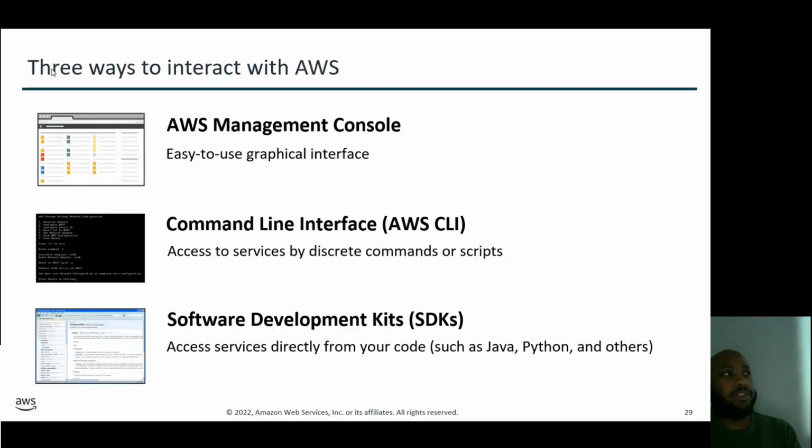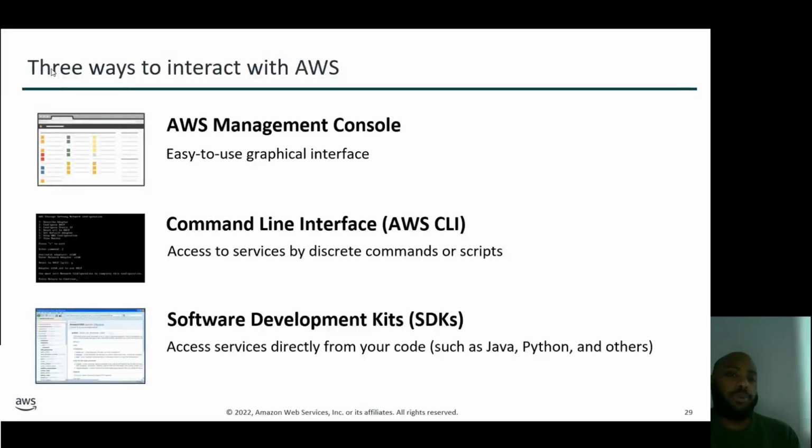Then next thing we have is our SDKs. SDKs are software development kits where you could have access to different services by using code. So once you are a programmer or a developer, you will mostly work with an SDK. An SDK could be for Python, Java, or JavaScript, which is a Node.js SDK.